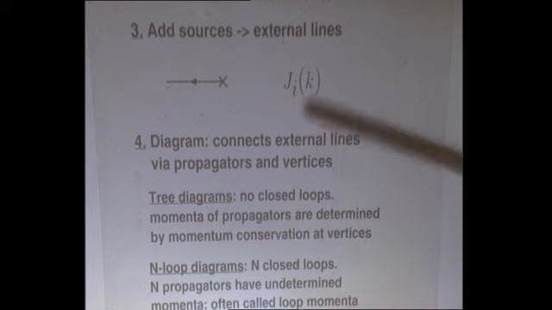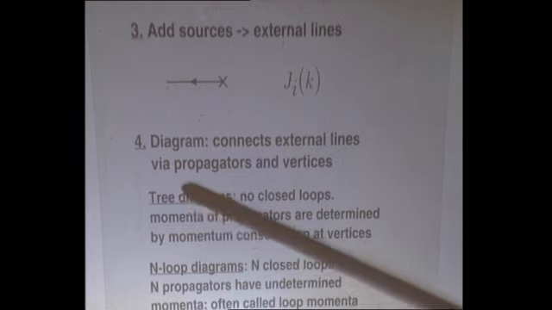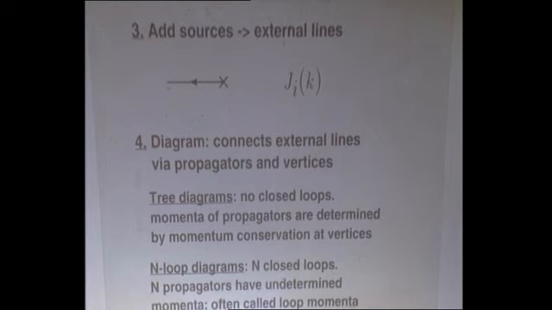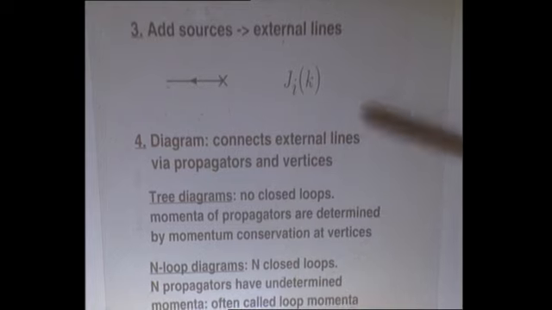So I have a set of external lines, which gives me the number of particles that come in and the number of particles that come out. So for both incoming and outgoing particles, I add a source, and then via propagators and vertices I connect those external lines.